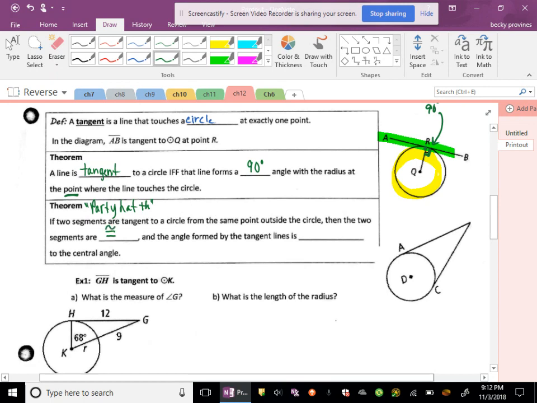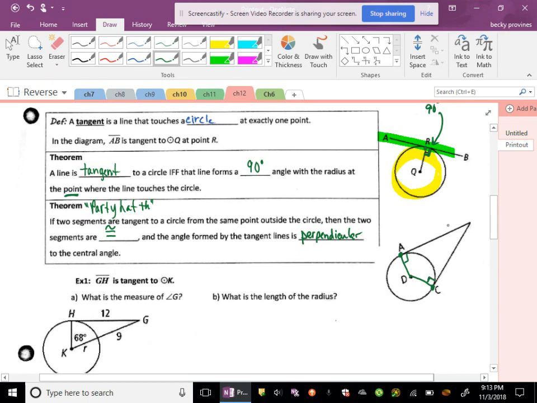The angle formed by the tangent line is perpendicular to the central angle. Okay, so this point right here at A and C, those are points of tangency again, so we know what happens. We know that forms a right angle.